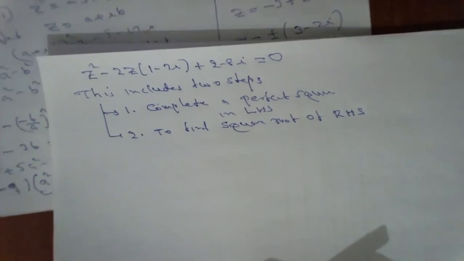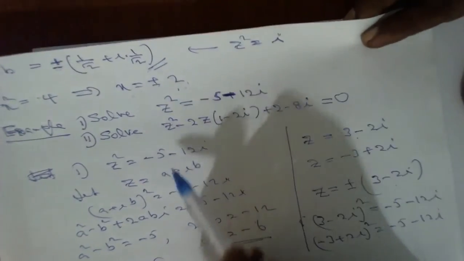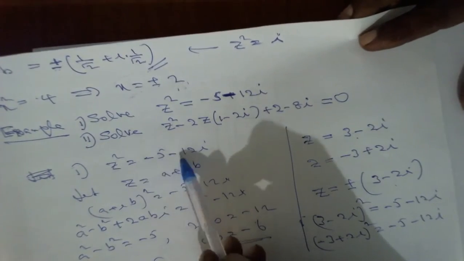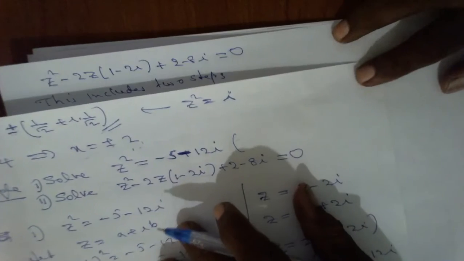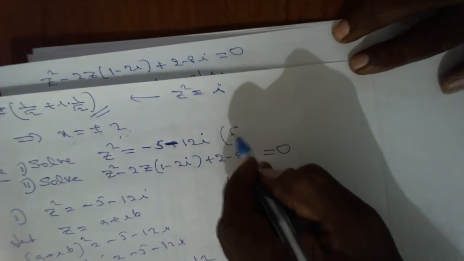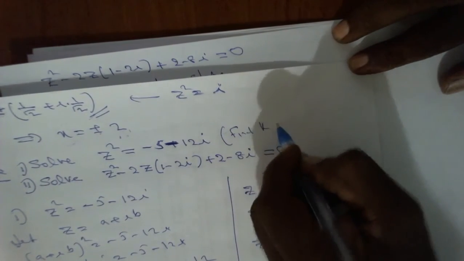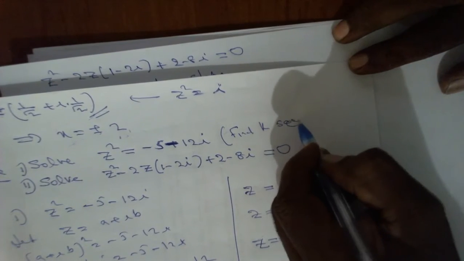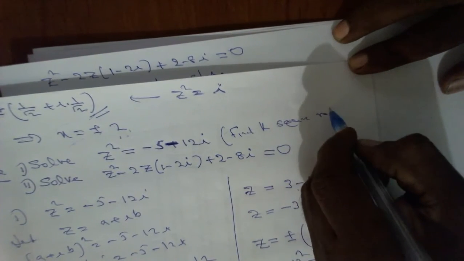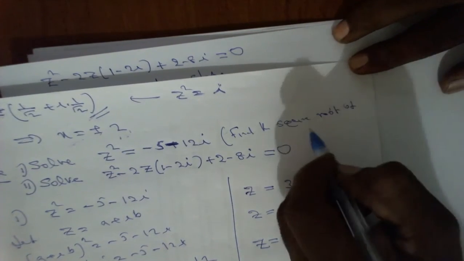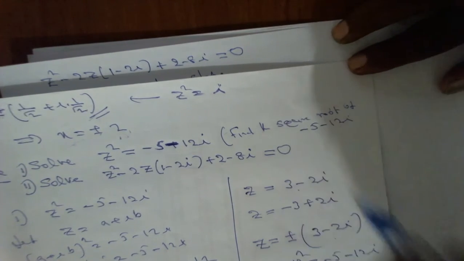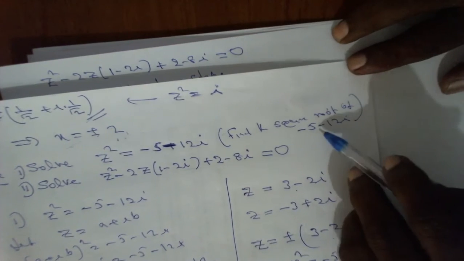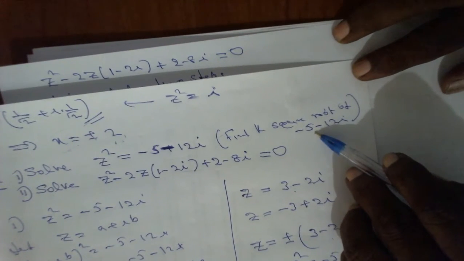Here what did you do? This sum you can say in a different way: find the square root of minus 5 minus 12i. The square root of this complex number has two values.